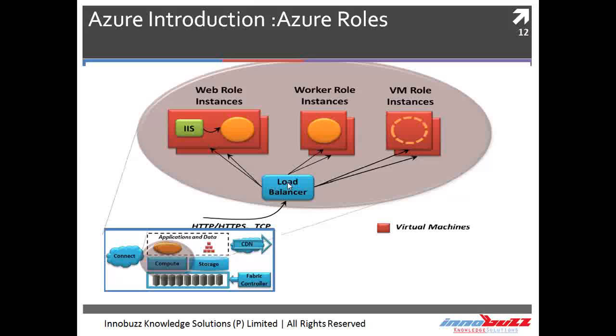A developer can use any combination of web role instances, worker role instances, and virtual machine role instances to create a Windows Azure application. If the application's load increases, he can use the Windows Azure portal to request more instances for any of the roles in his application. If the load decreases, he can reduce the number of running instances as well.